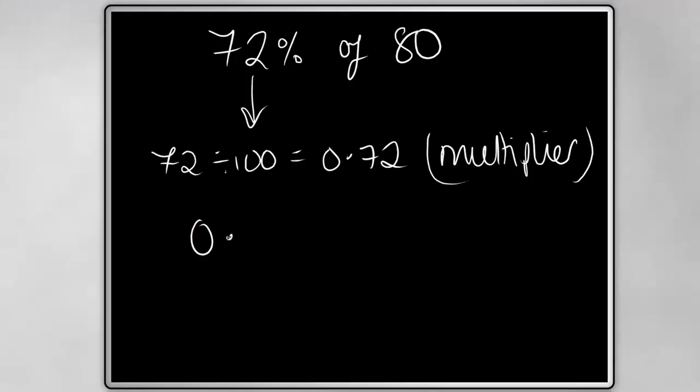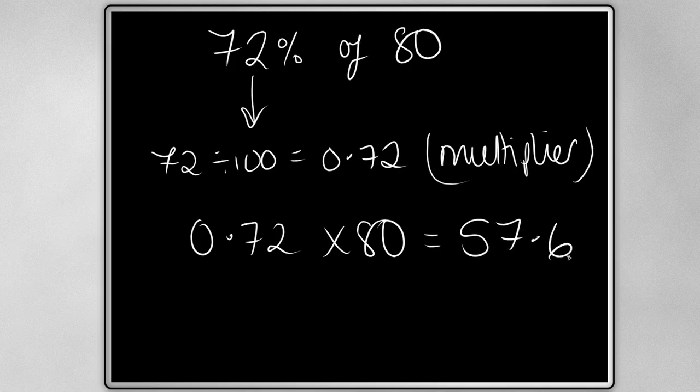To work this out then, I just need to do 0.72, my multiplier, times by 80, and that will give me what 72% of 80 is. Working that out, I get that it's 57.6. So you can find any percentage of an amount just by converting it to a decimal, by dividing by 100.